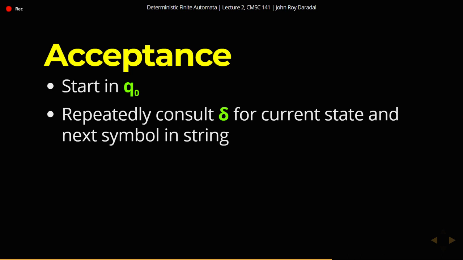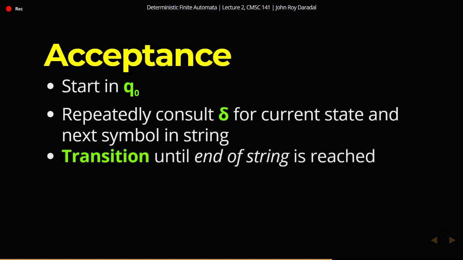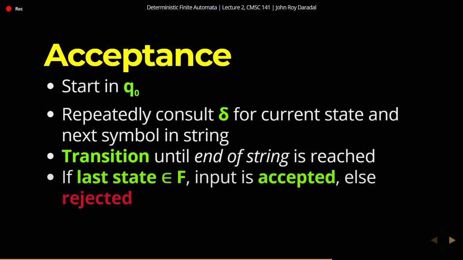So we'll consult where to transition, what state should we go to next, basically. And then we'll follow the transition until the end of the string is reached. So current state, and then get the next input symbol, go to the transition state, and then we'll have that current state again. So repeat that until we have processed all of the input symbols.